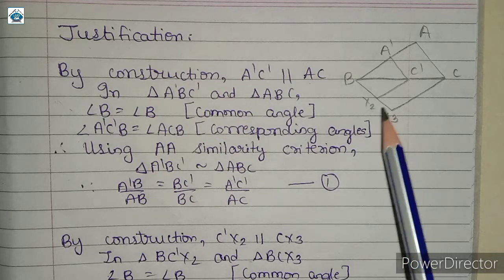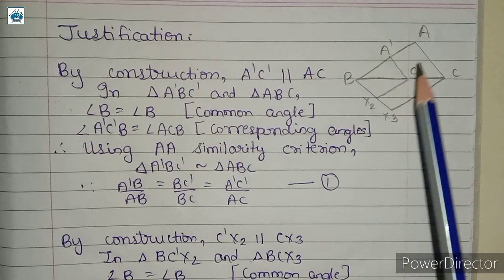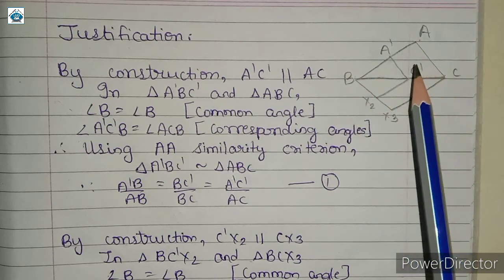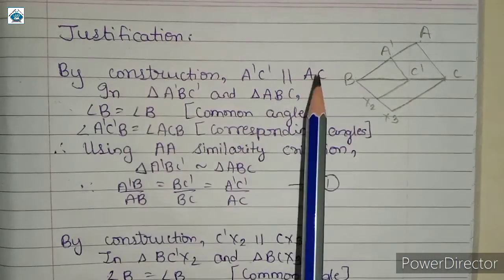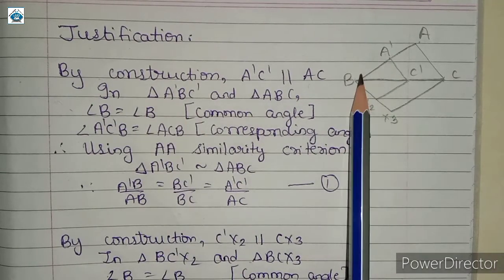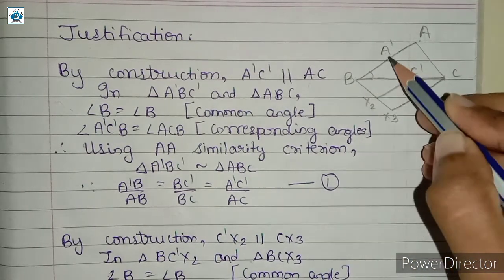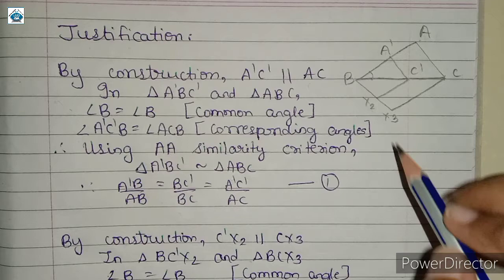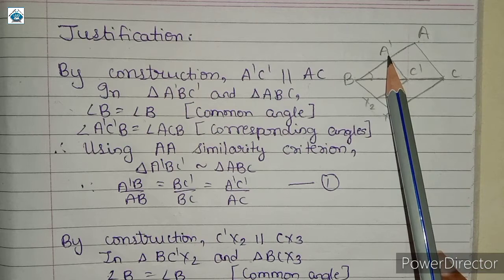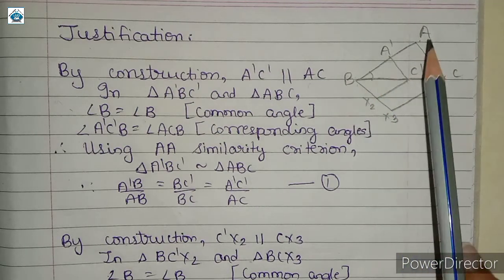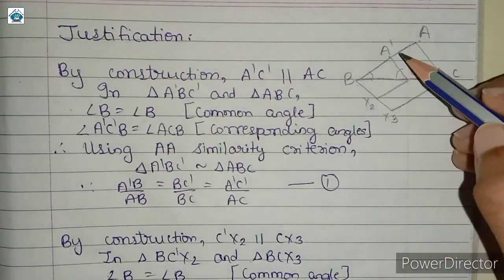Now, we can see that two triangles are formed, triangle A dash B C dash and triangle ABC. Now, we also know that A dash C dash is parallel to AC by construction. In triangle A dash B C dash and triangle ABC, angle B is the common angle. So, this is equal because it is the common angle, and angle A dash C dash B and ACB, these two angles are equal because they are corresponding angles.